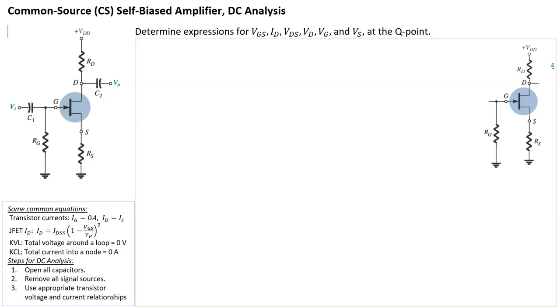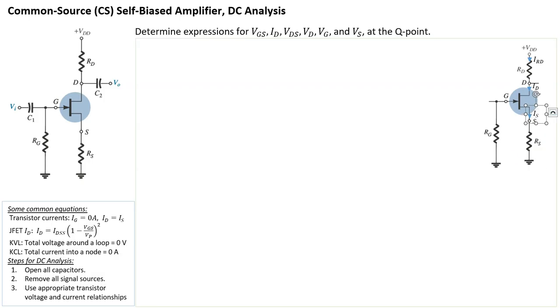Next, let's label all the currents and voltages that we're interested in. The first one is the current that goes through RD, so I call it IRD. The current that goes into the drain, I call ID. The current that comes out of the source, I'm going to call IS, for source current.